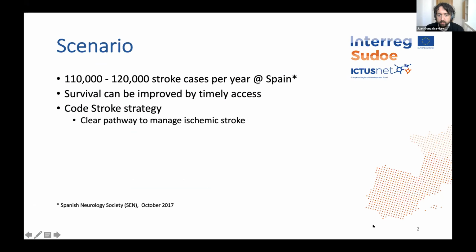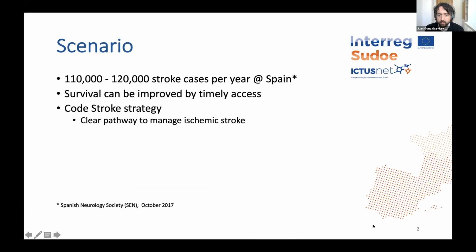And this is why the code stroke strategy appears, which is a clear pathway. Pathway means the care activities, how to properly perform them so as to provide the best care for managing this ischemic stroke. So the idea for us is to try to understand a little bit more the code stroke strategy. Next slide, please.